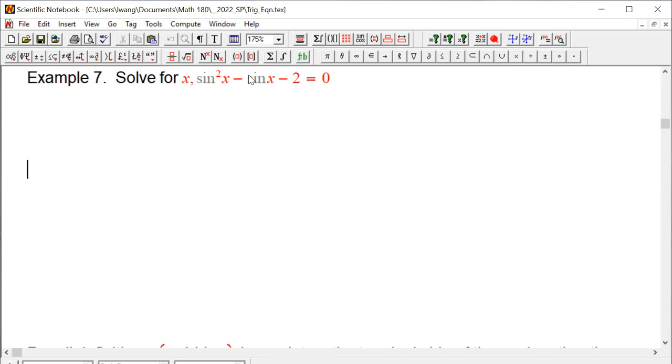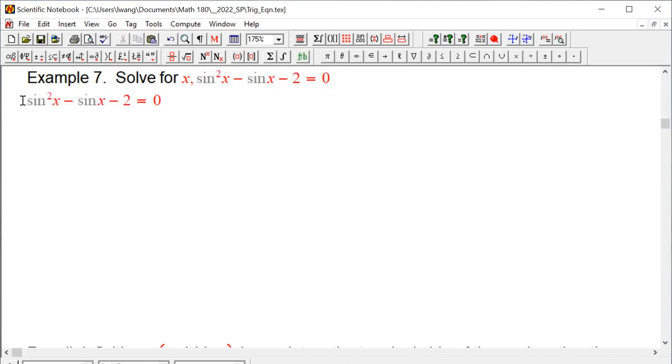We can do a graph, but in most cases this graph is not going to give you a clear indicator as to what the solutions are, though you can identify whether you have solutions or not. So it would be much better that we just start out with the algebraic approach.